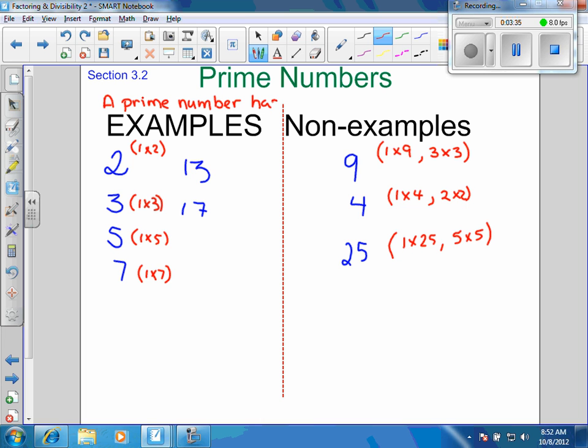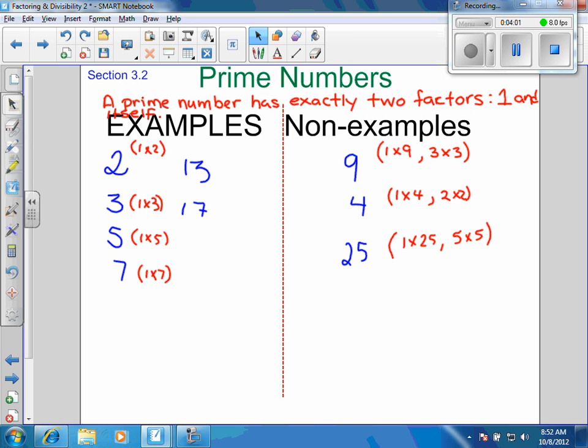Has exactly 2 factors. And they have to be 1 and itself. I'm going to run out of space here, but I'll fix this in a minute.